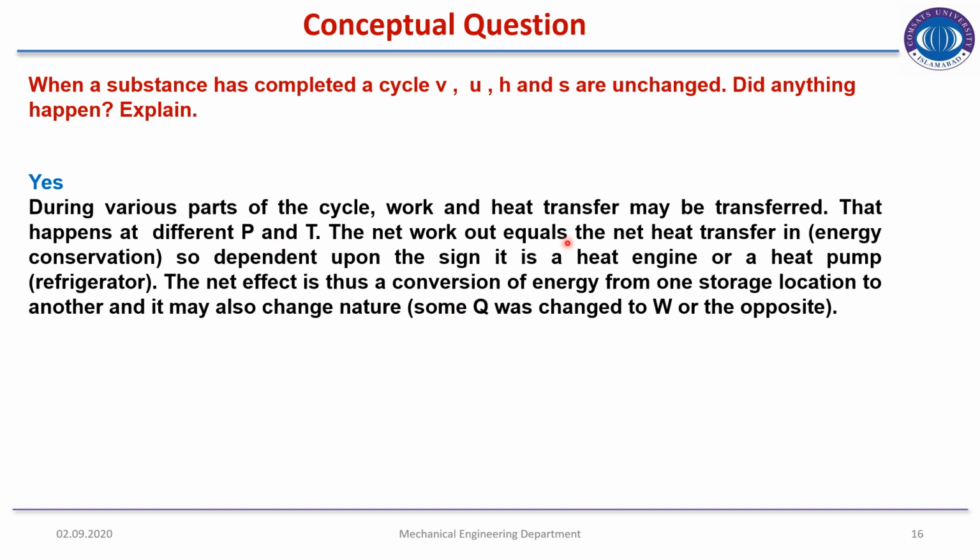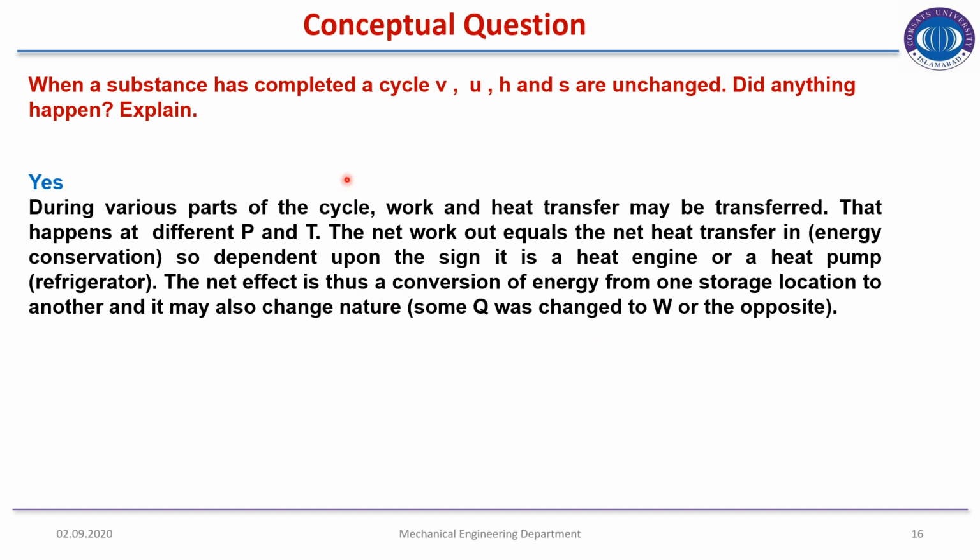So here it is written that the heat transfer happened at different temperature and pressure. So net work output is equal to the heat transfer. So some amount of Q, the heat, is transferred to the system, and it is equal to the work that is deduced from the system.